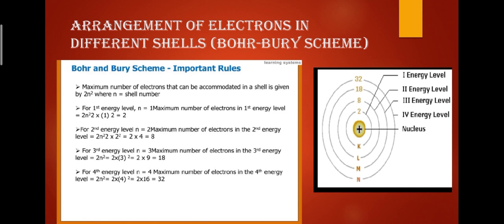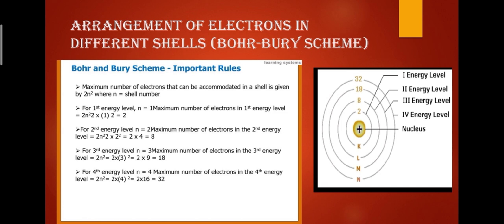The maximum number of electrons that can be accommodated in the outermost or valence shell is 8, except for the K shell, if it is the outermost shell, as it can hold only a maximum of 2 electrons. The shell just before the valence shell can hold a maximum of 18 electrons. So here we have to apply the 2n square rule, where n is the number of the energy shell.